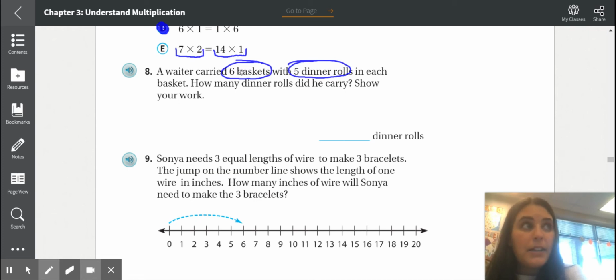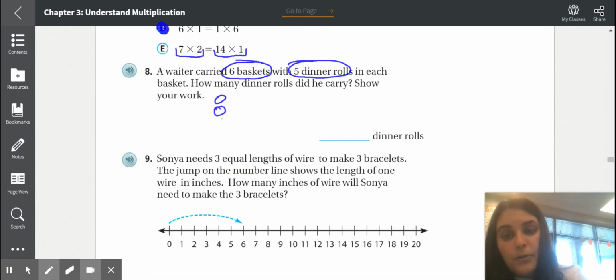So we have 6 baskets with 5 in each. There are lots of different ways we could do this. You could make equal groups or you can make an array. Let's make an array. So 6 baskets would be 6 rows.